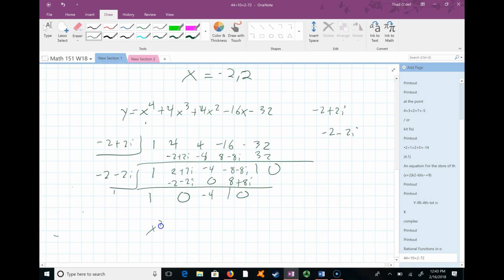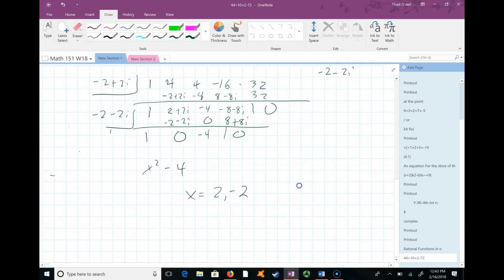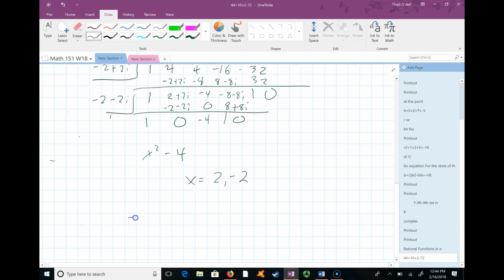And I'm left with x squared minus 4, which gives me roots of 2 and negative 2. So my roots would be negative 2 plus 2i, negative 2 minus 2i, 2, and negative 2. Those would be all the roots.